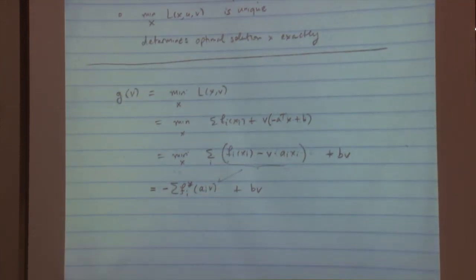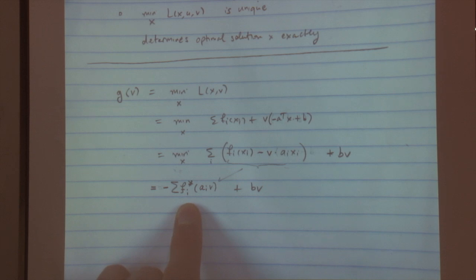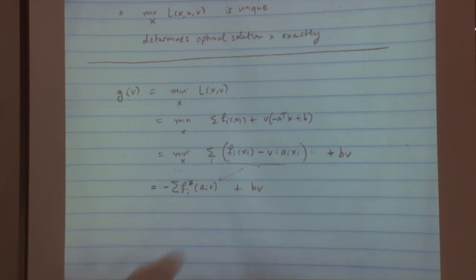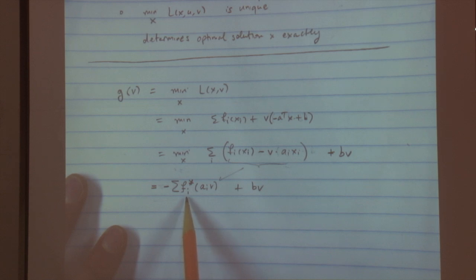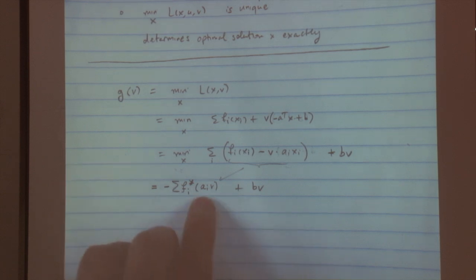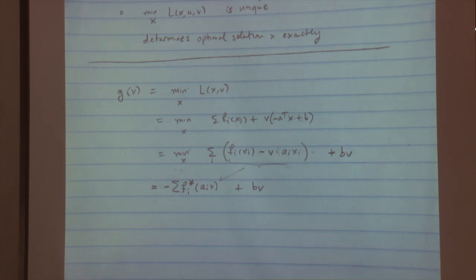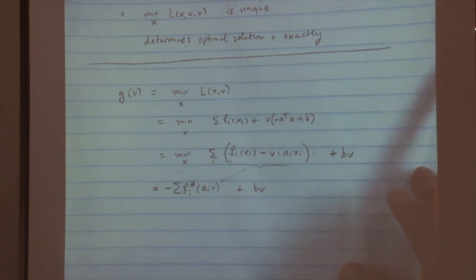So for many instances, we'll be able to form this function, and the dual problem now is to maximize the sum of fi star of ai times v plus bv. First of all, there's only one variable, v, so that makes it easier. Second of all, we've gotten rid of this complicating constraint in the primal.